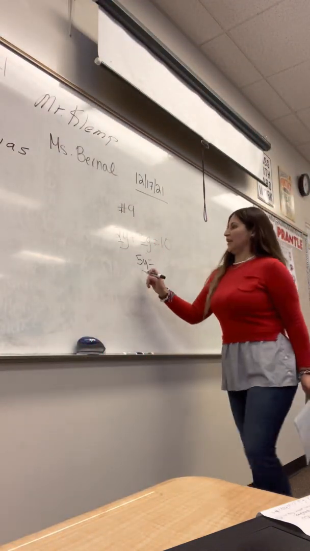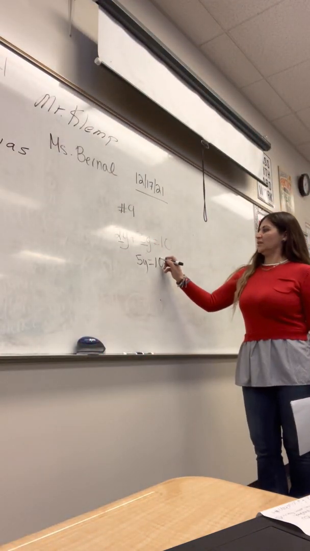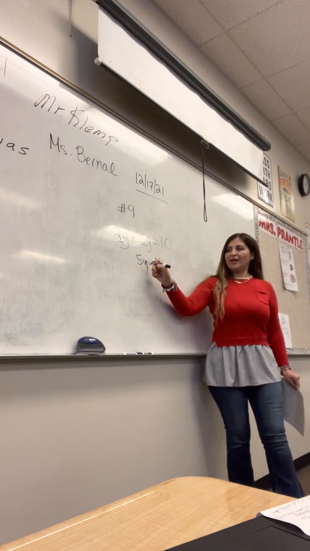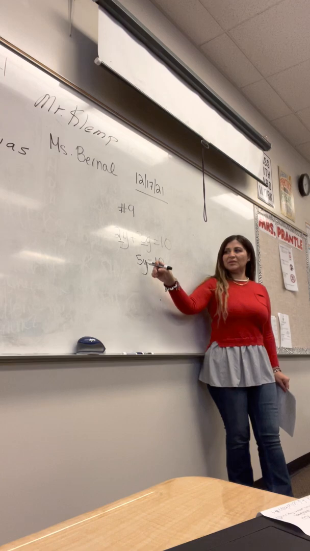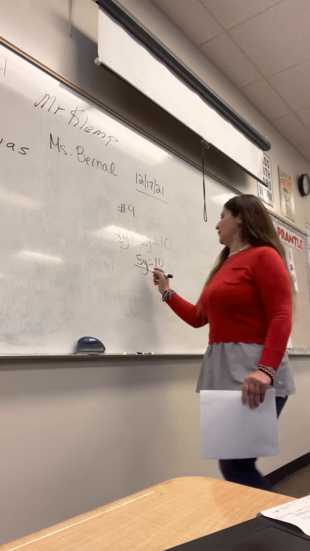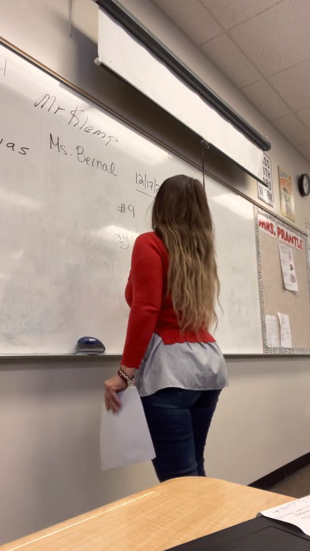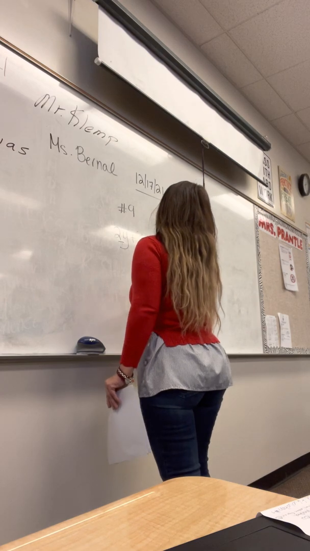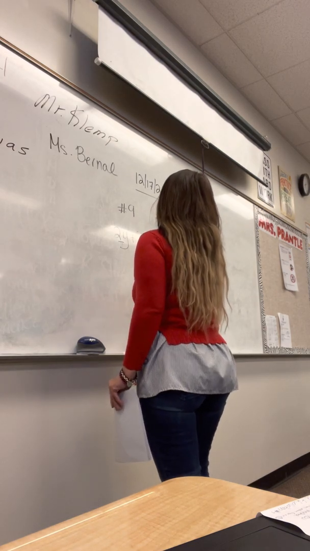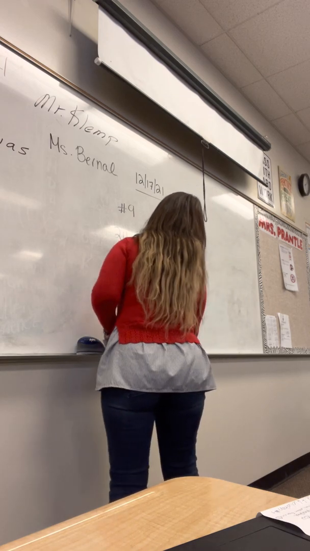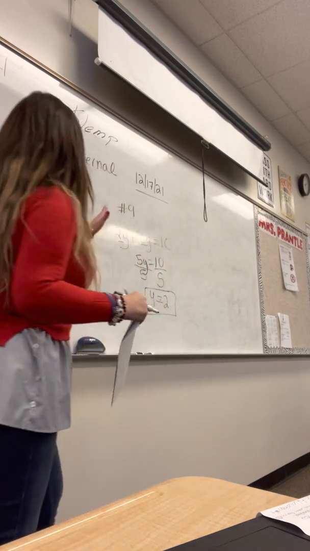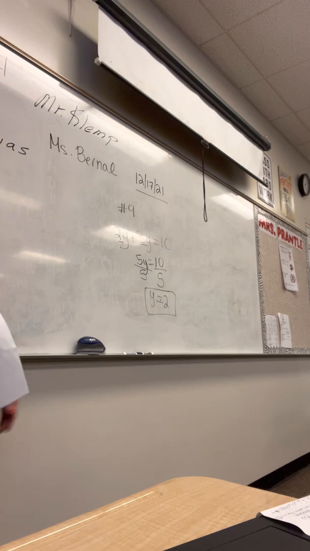Since the y is right next to the number, it means multiply. What's the opposite of multiplying? Dividing. So we're going to divide by 5 on both sides. So y equals, how many times does 5 go into 10? 2. So y equals 2. Okay, this is number 9. So go ahead and write down number 9.